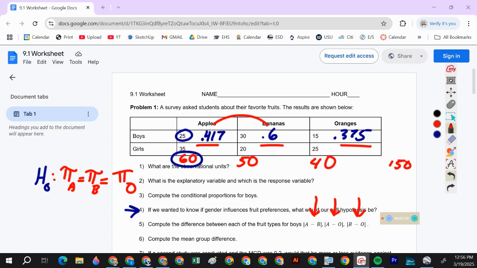The difference here is going to be 0.183, and the difference here, 0.417 minus 0.375 is 0.042. And the difference there is 0.225.